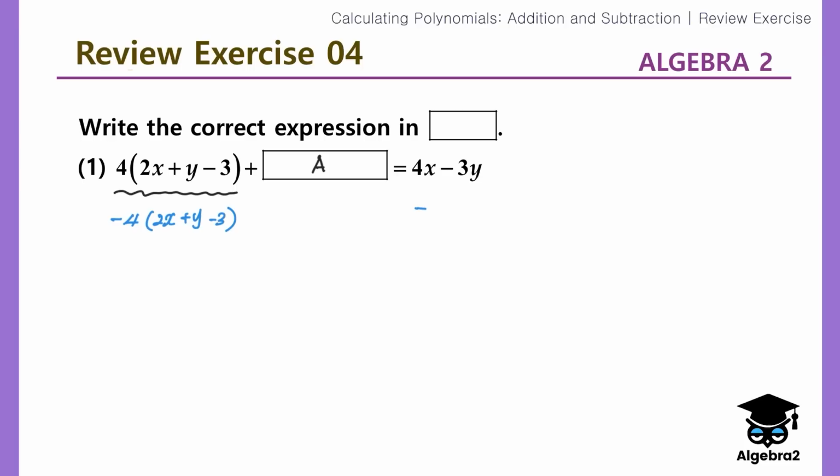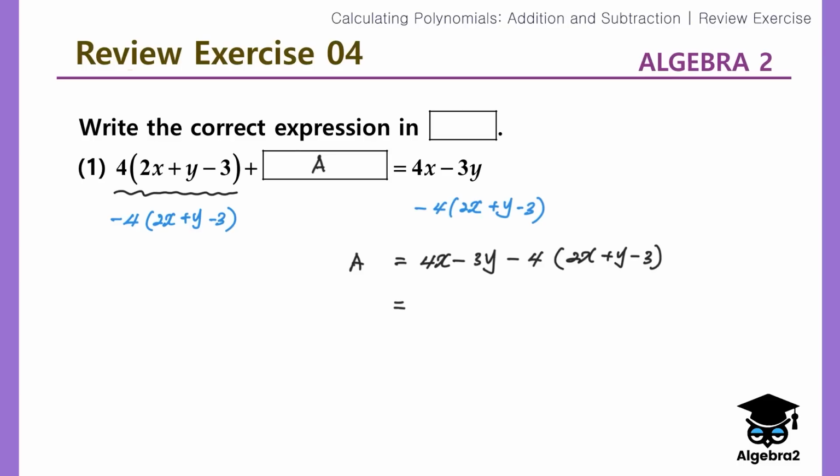Also, minus 4, 2x plus y minus 3 on the right hand side. So A is equal to, then we had 4x minus 3y minus 4 times 2x plus y minus 3.